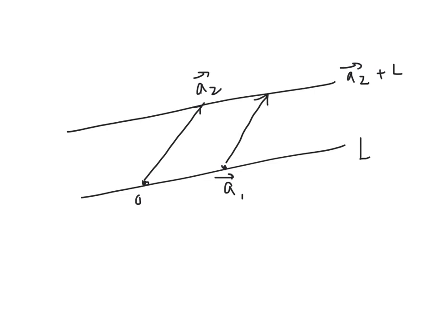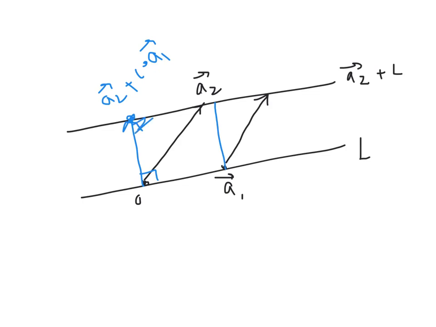So the question, though, is, well, what is this vector right here in blue? Well, that vector in blue is merely a2 plus some multiple of a1. I don't know what that multiple is, but it is some multiple of it.